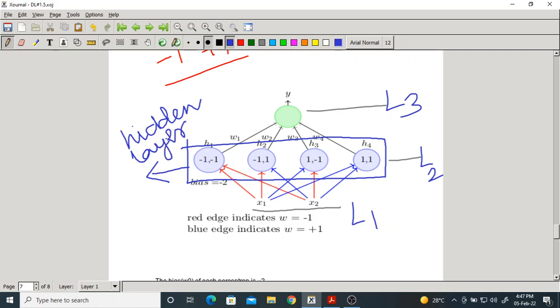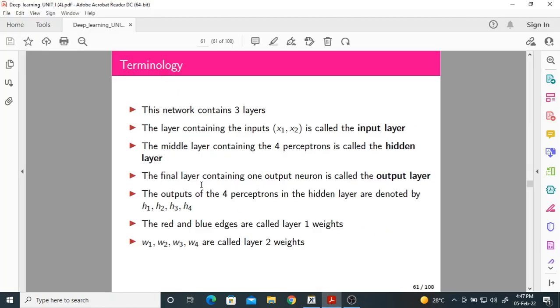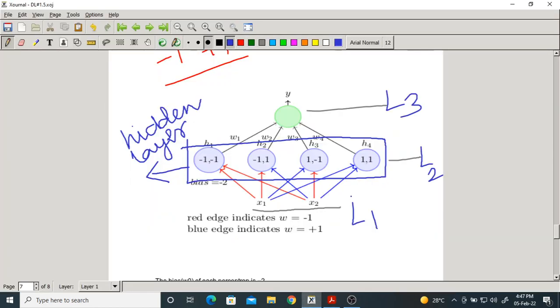Very, very important. We have one hidden layer here. The final layer containing one output neuron is called the output layer. So input layer, hidden layer, output layer. Very simple.